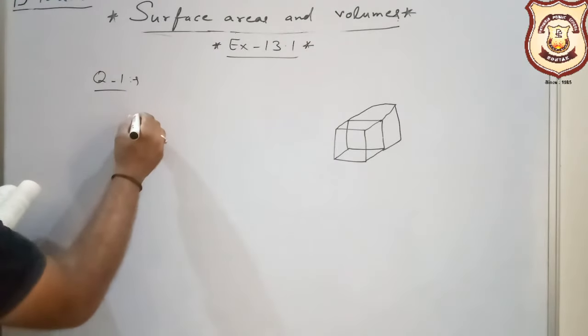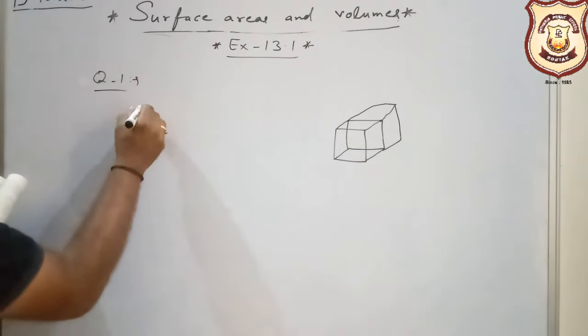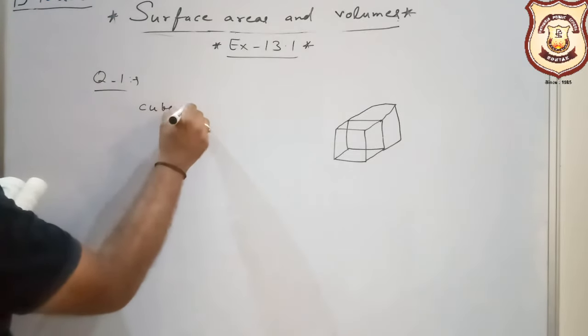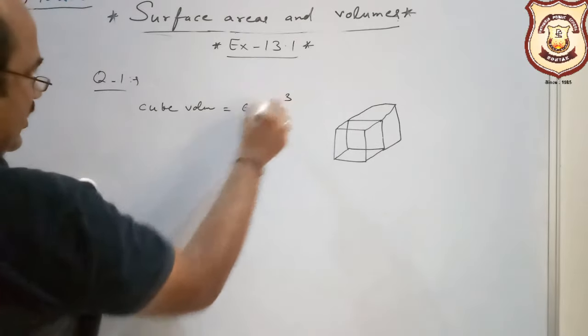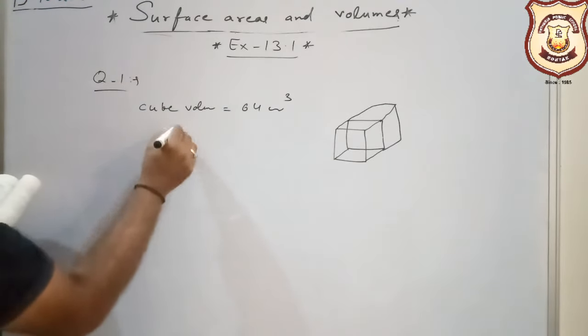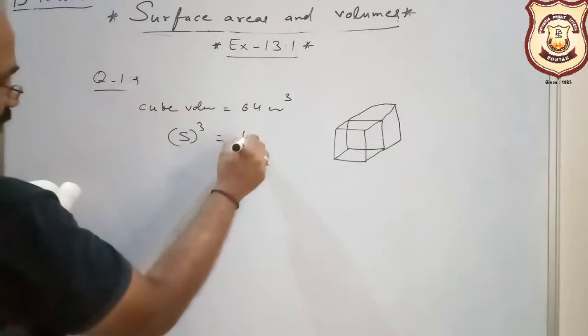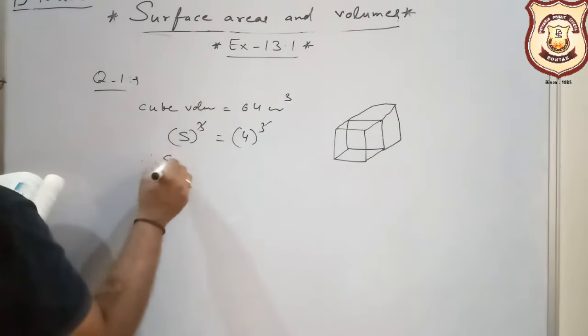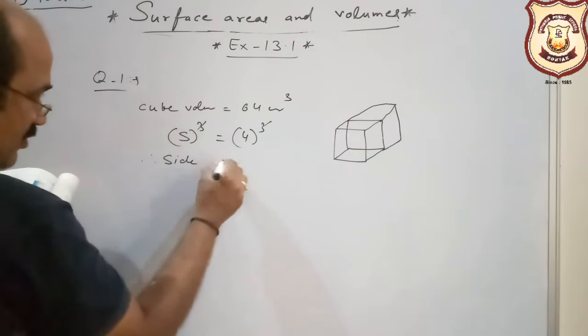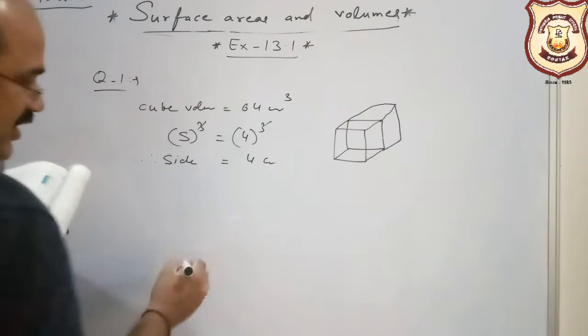So you can write cube volume 64 centimeter cube. Cube volume is side cube, 4 cube. Cube cancels with cube, so the side of the cube is 4 centimeter.